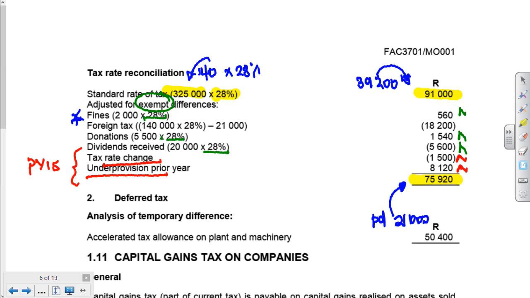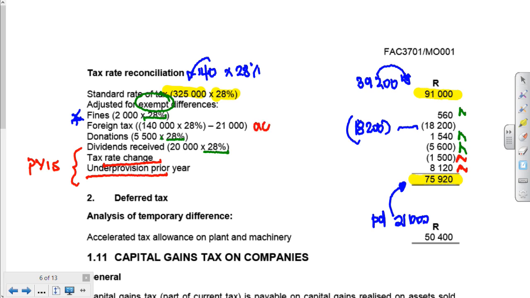So I have to balance from 39,200 to 21, so I have to take off 18,200 to get from 39 to 21. I wouldn't do it like this because then it doesn't get your direction perfect.